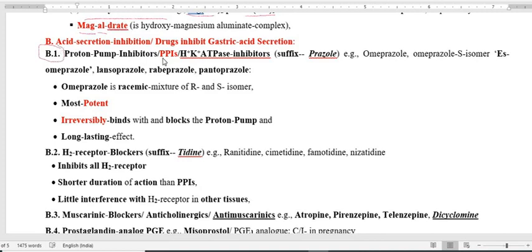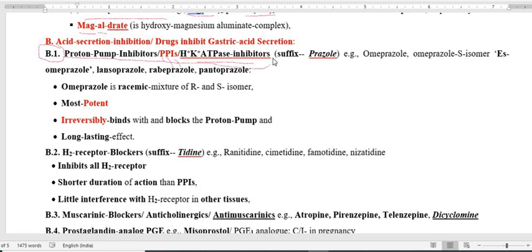PPI means proton pump inhibitor. Because this is inhibiting the enzyme hydrogen ion potassium ion ATPase, they are also called hydrogen ion potassium ion ATPase inhibitors. And because the enzyme is also called proton pump, this is also called proton pump inhibitor.